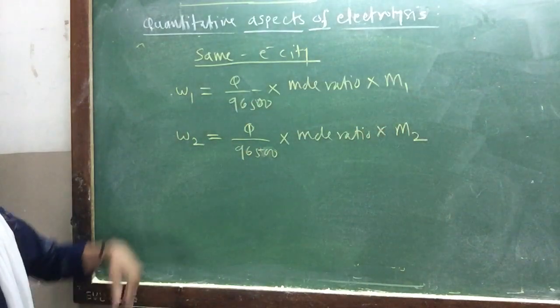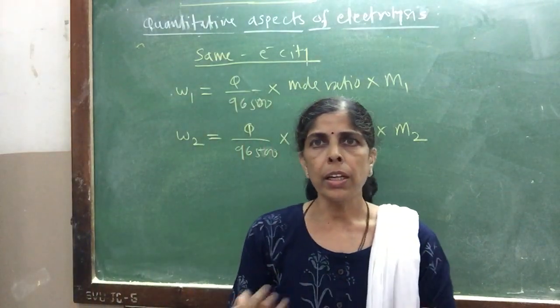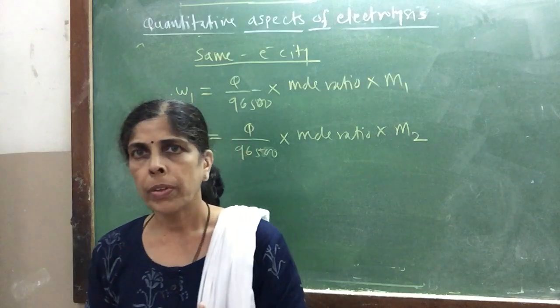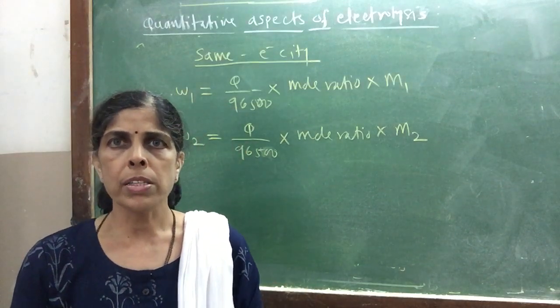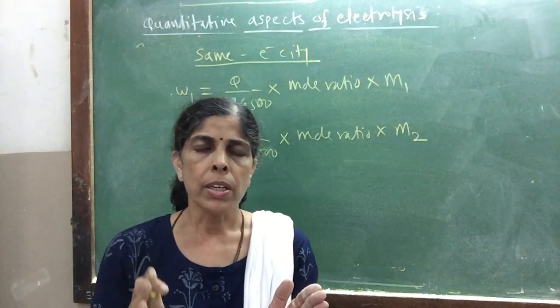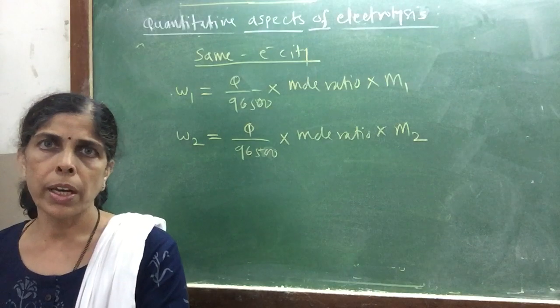For example, if you have copper sulfate in one cell and silver nitrate in another cell, or copper chloride and silver nitrate in different cells, in one cell copper will be deposited and in another cell silver will be deposited.